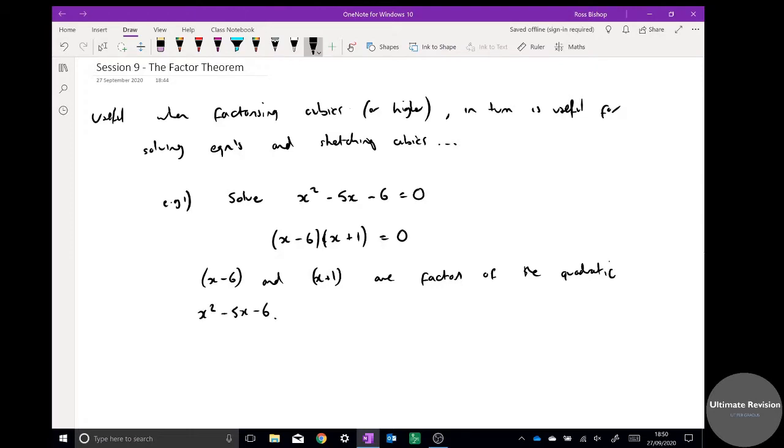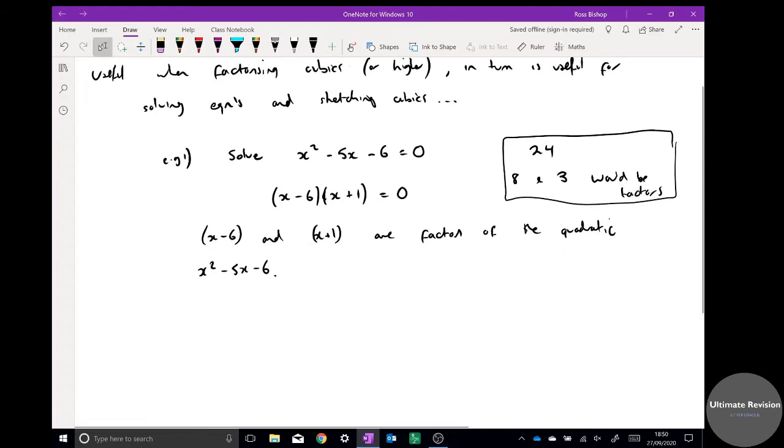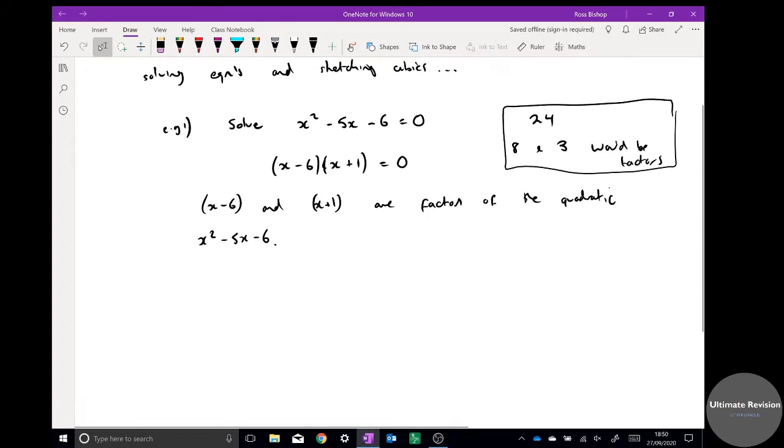They're factors because they're two things that multiply together to give me that quadratic. In the same way, if I had, say, 24, 8 and 3 would be factors, because 8 times 3 gives me 24. It works the same in algebra. So those two brackets multiplied together give me the quadratic. They are therefore factors of that quadratic.